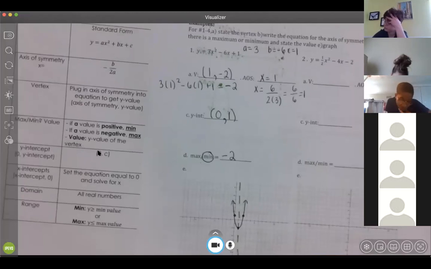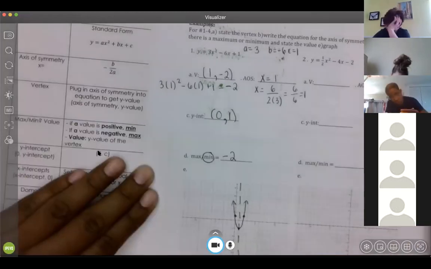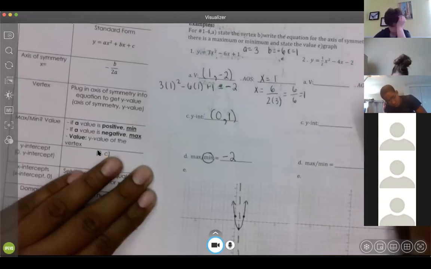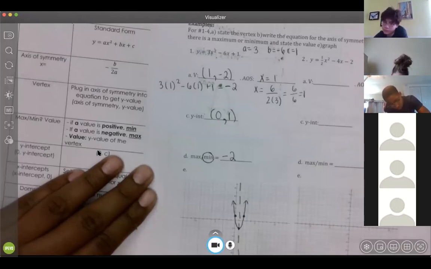The formula is negative b over 2a. So you will plug in positive 4 over 2 times 1 times a half. Perfect. Yep. So change that -4 to a +4 because the formula is negative b. Since it's already a negative, you just have to change the sign.